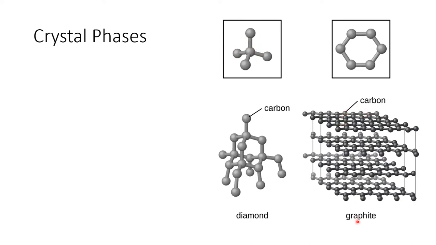So graphite's really low hardness technically is only in the direction of shearing these sheets off. If you're trying to break this structure, it's extremely difficult to break, even harder than breaking the diamond structure.